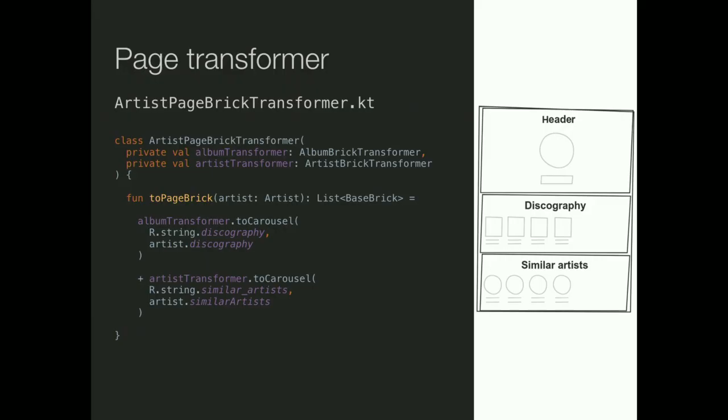We'll just focus on the discography and similar artist carousels. I have my transformer. I receive as data an artist that has itself a list of albums with the discography and a list of artists for the similar artists. And I use some sub-transformers to create my two carousels.